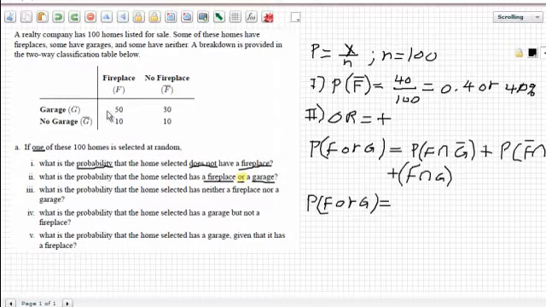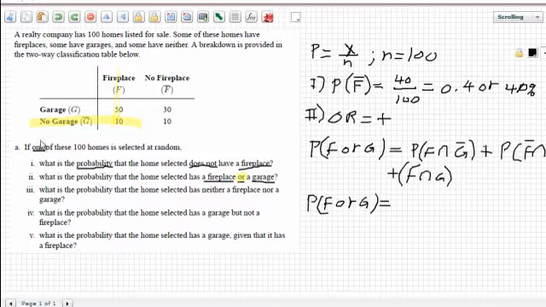So I go back to my little table over here and I check the conditions. Which row and which column are going to intersect with each other? Well, I'm going to go down this column right here, and I'm going to go across the row of no garage. So guess where the intersection happens? It happens over here.